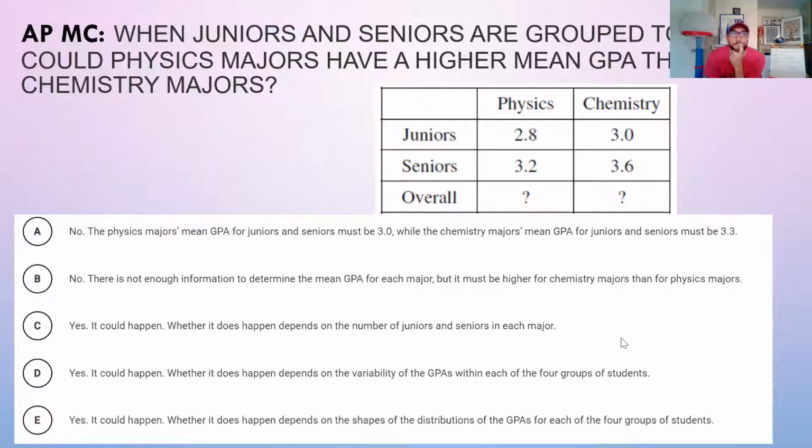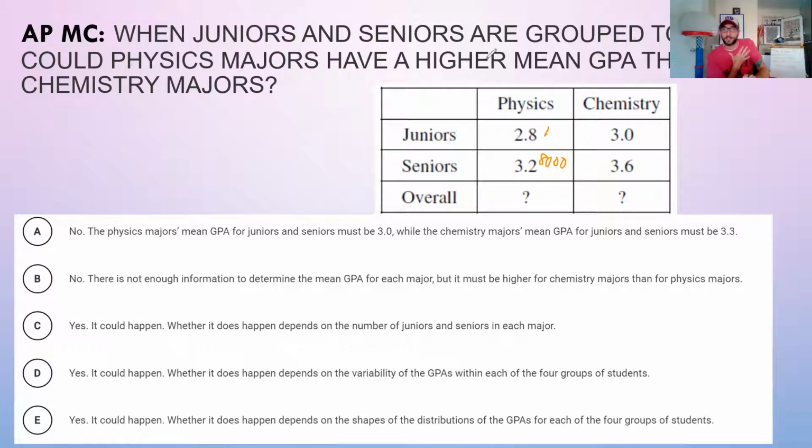You know what? What if there were like 8,000 physics juniors? I'm sorry, I'll take that back. What if there were 8,000 physics seniors and 1 physics junior?